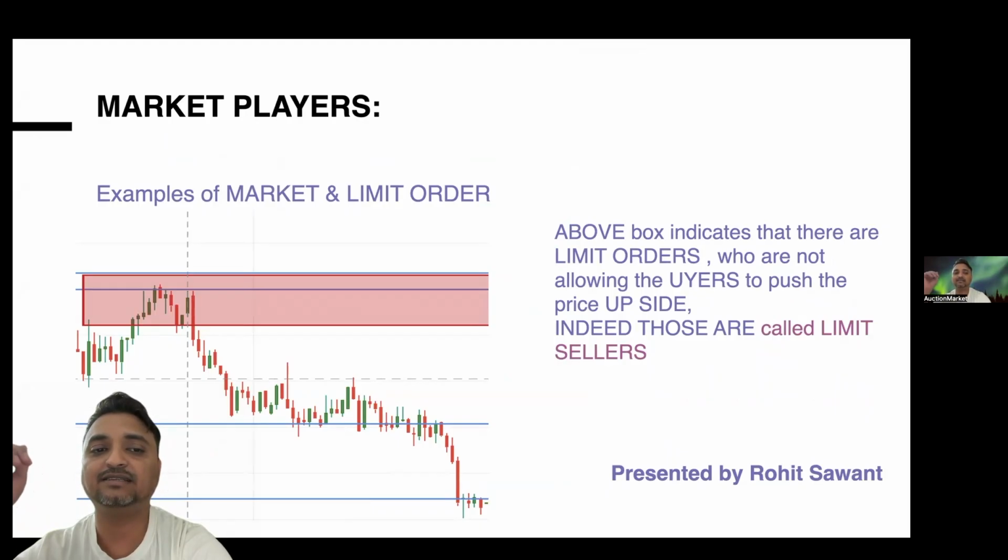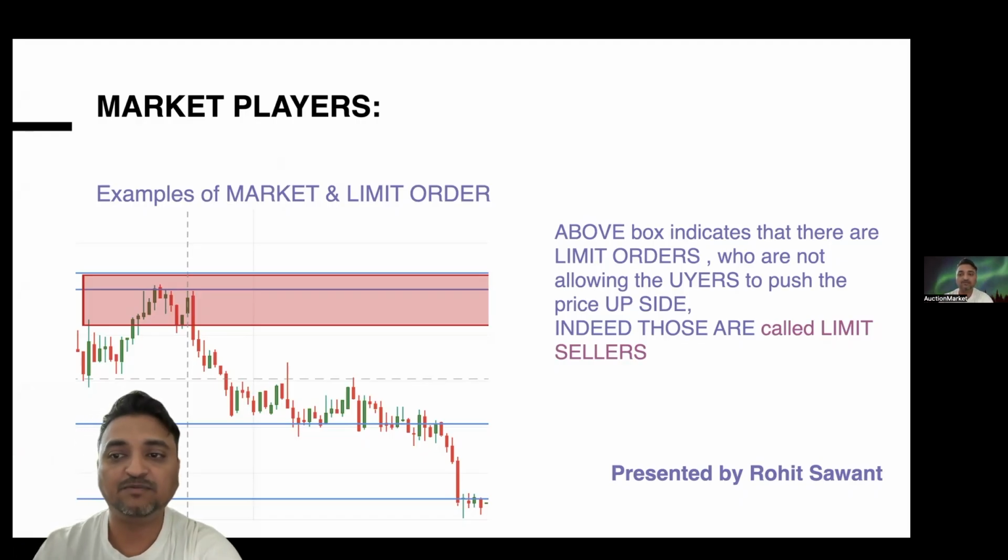So that's the reason the market suddenly started falling from that particular point. We have to understand the zones, these zones are very important. The blue lines that you see are called the volume nodes. I will explain how to plot these zones in the upcoming videos. Hope you guys are with me. Let me move to the next slide.